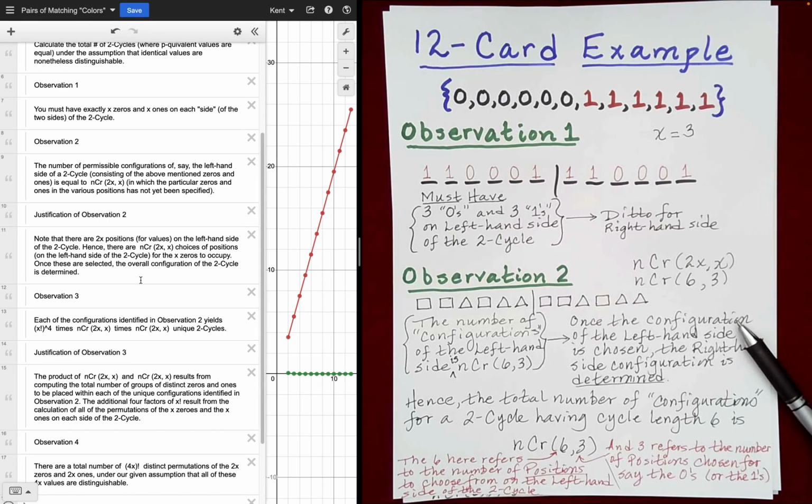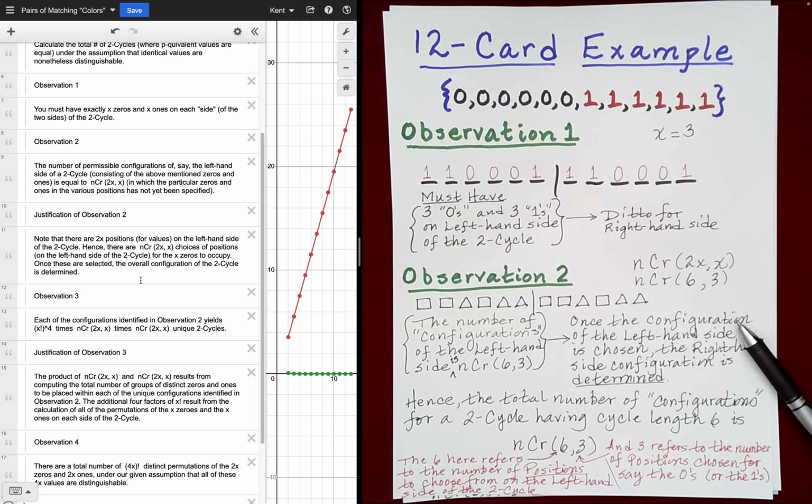Hence, there are 2x choose x choices of positions on the left-hand side of the 2-cycle for the x zeros to occupy. Once these are selected, the overall configuration of the 2-cycle is determined.